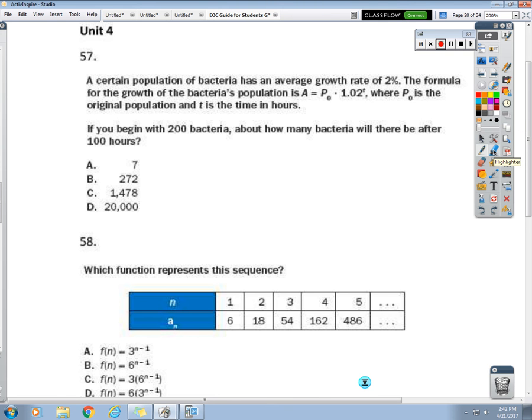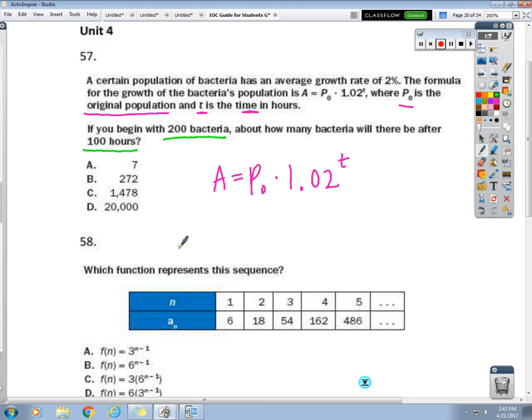A certain population of bacteria has an average growth rate of 2%. The formula for the original growth of the bacteria's population is A equals P sub 0 times 1.02 to the t power. Underline what's important, where P sub 0 is the original population and t is time. So if you begin with 200 bacteria, about how many bacteria will there be after 100 hours?